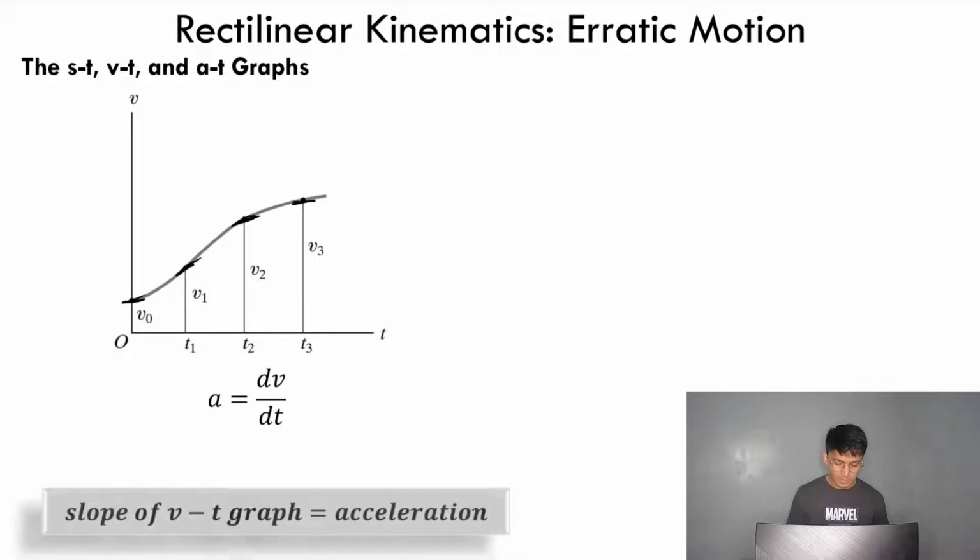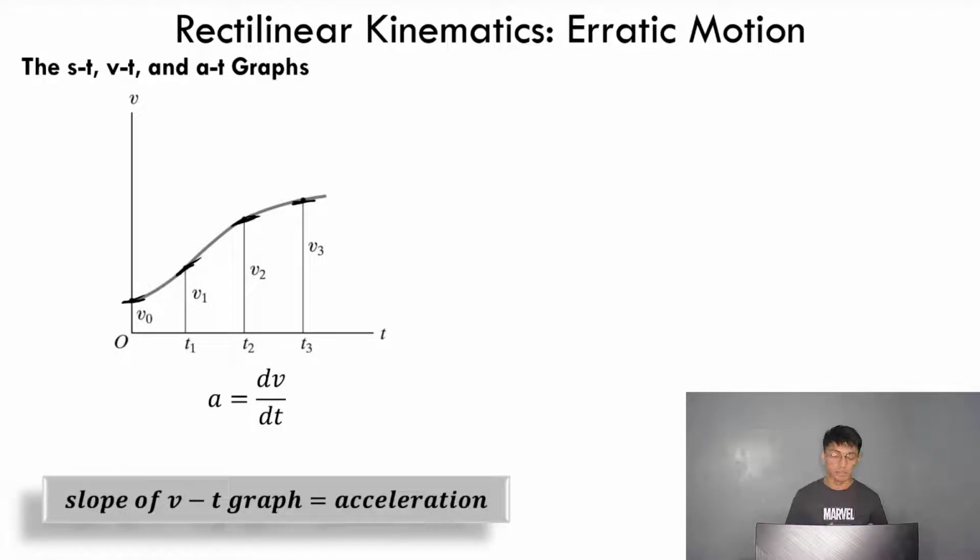So, the slope of the VT graph is the acceleration, where a is equal to dv over dt. Considering this is A sub 0, A sub 1, A sub 2, and A sub 3, where A is equal to dv over dt at time equal to 0, A1 is equal to dv over dt at time equal to t1.